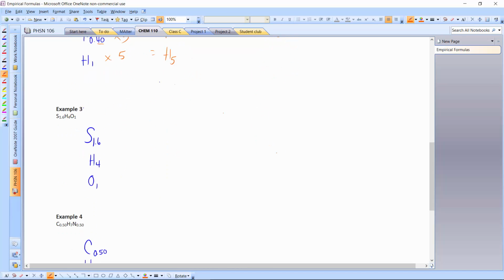Okay, let's try the next one. Sulfur 1.6, hydrogen 4, oxygen 1. All right, the thing that I'm looking at here is this 0.6. Well, I know that 6 times 5 is 30. Okay, so 0.6, let's try it. 0.6 times 5 should be 3. Pull out my calculator. 0.6 times 5.